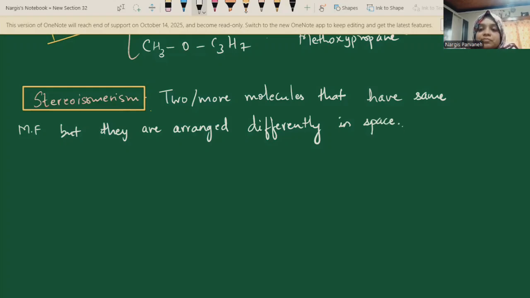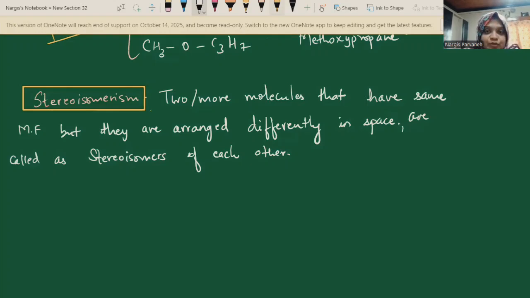They are called as stereoisomers of each other. Okay, as I said, there are two types. So usme first wala type is geometrical isomerism. For this also, you have to first see the examples, then only you will understand what we are talking about. First, we'll see geometrical isomerism, right?